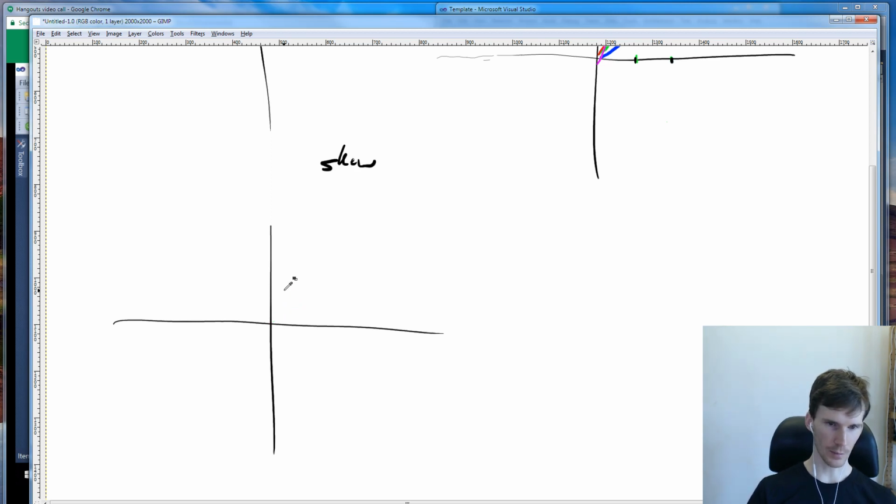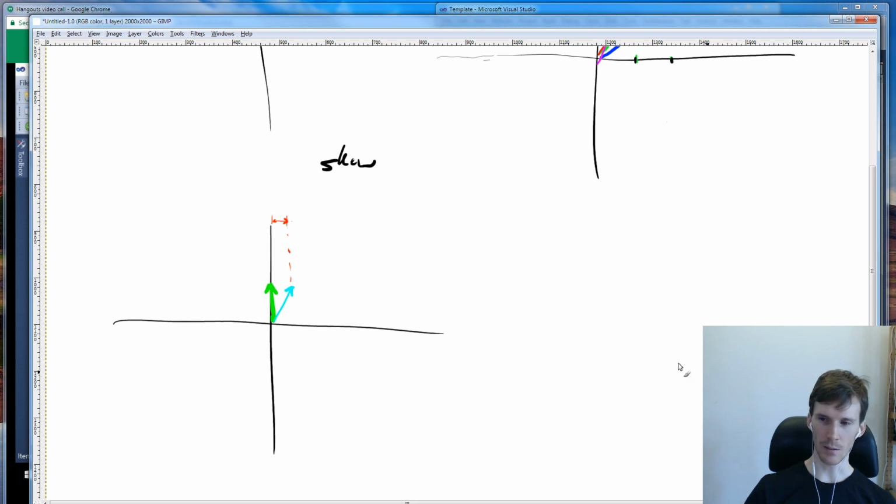In fact, let's say our vector is this, this time. And a skew matrix will do basically like this to our vector if it's skewing it by that distance there on the x-axis.